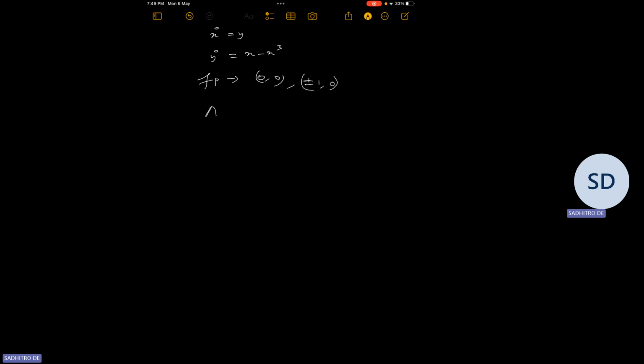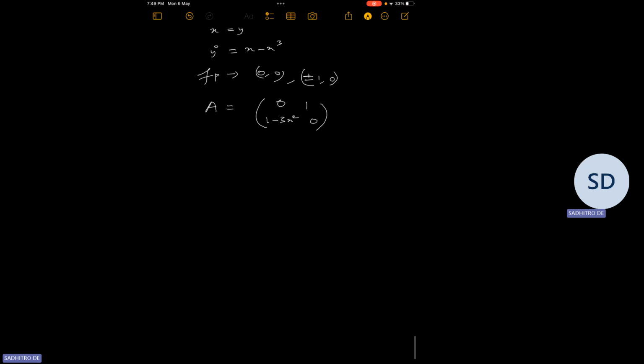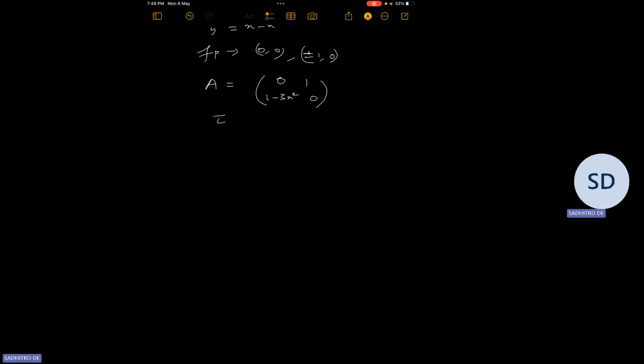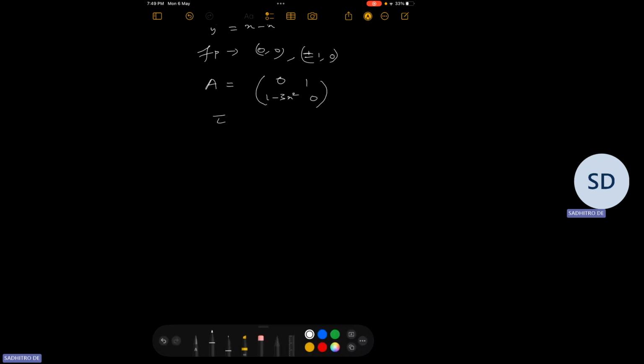The Jacobian matrix is given as [0, 1; 1 minus 3x squared, 0]. So you have to evaluate the trace and determinant at the different fixed points.